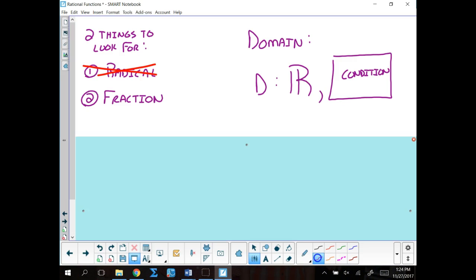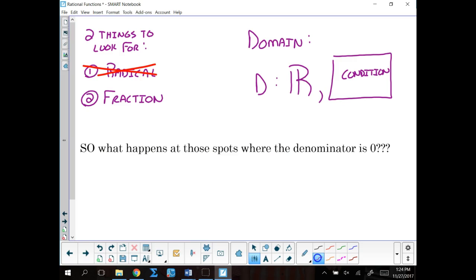That's how they look from this day forward. Alright? So, my question to you is, what happens in those spots where the denominator is equal to 0? So, let's try f of x equaling 7 over x minus 2.